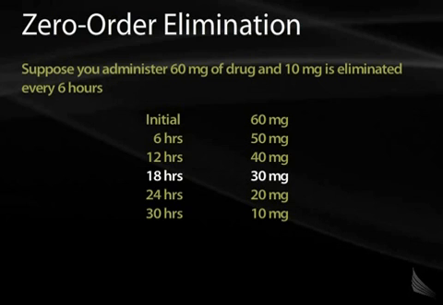This is because in zero-order elimination, every 6 hours in this example, 10 milligrams is eliminated. This shows that the rate of elimination, 10 milligrams per 6 hours, is not dependent on the concentration because it's zero order. And therefore, we cannot measure the half-life.